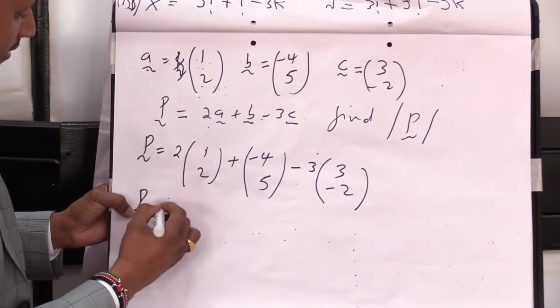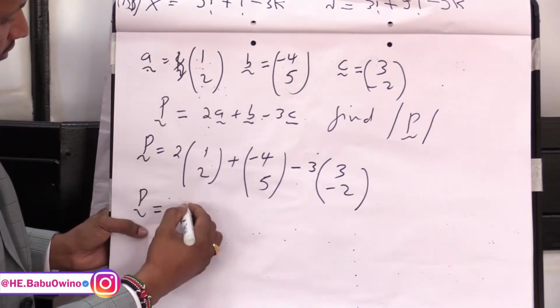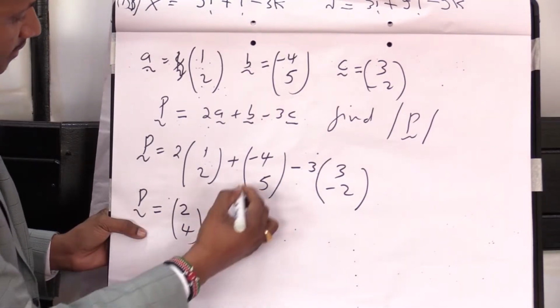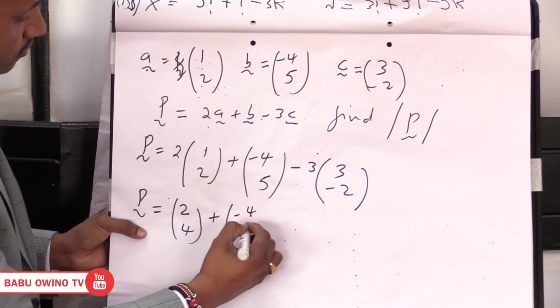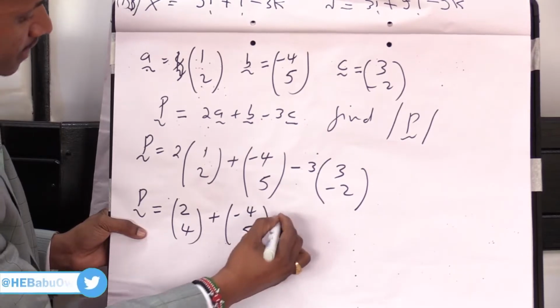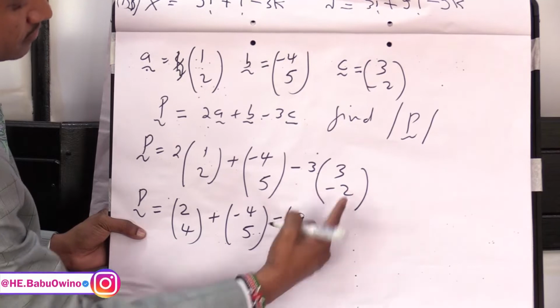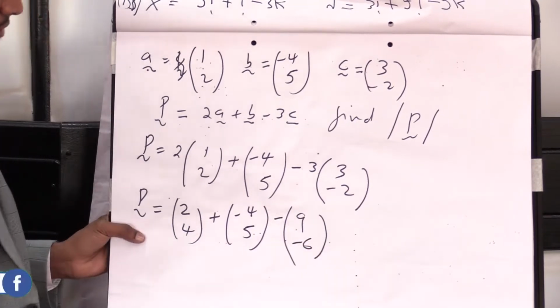So our P is 2 times 1, just open the bracket, is 2, 2 times 2 is 4, plus minus 4, 5, minus 3 times 3 is 9, 3 times minus 2 is minus 6.